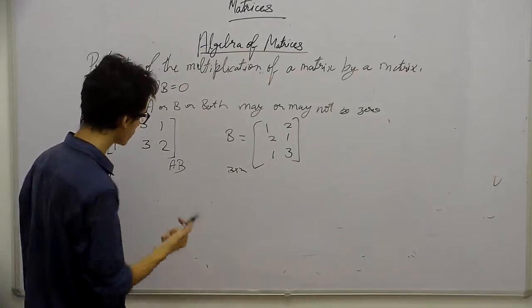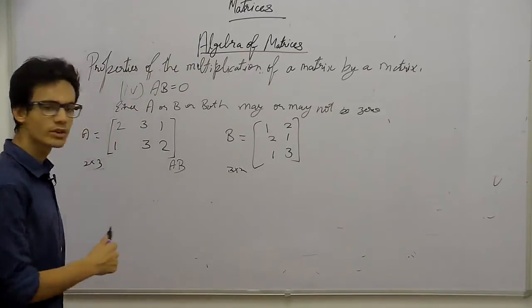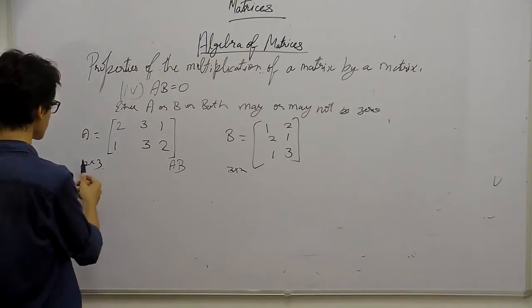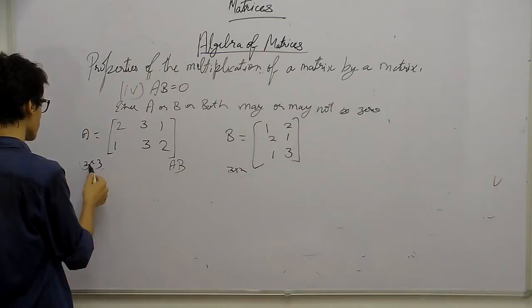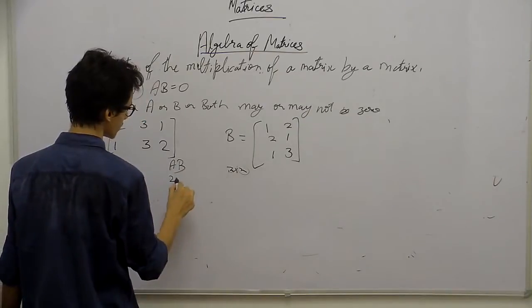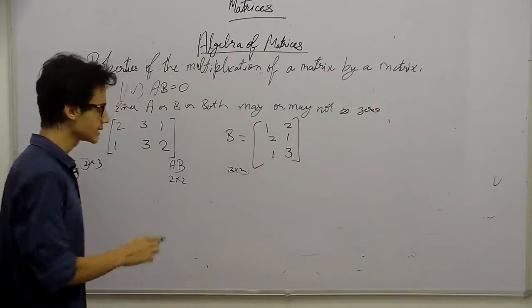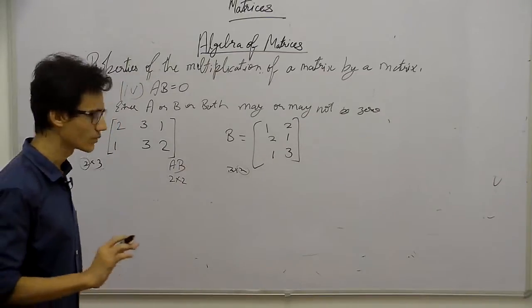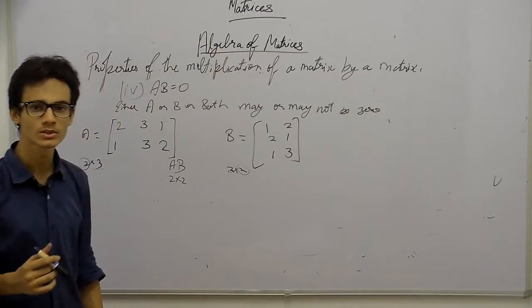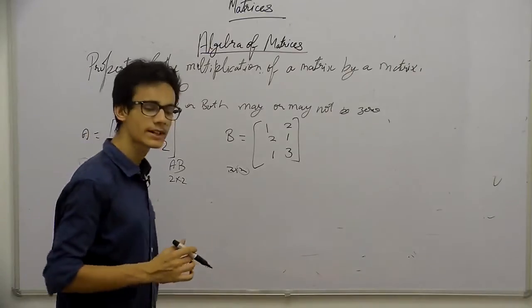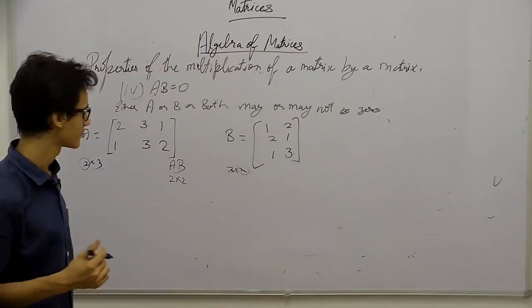So yes, we can find AB. And what will be the order of AB? It is the number of rows of A by the number of columns of B, so the order will be 2 by 2. This is something we can be sure of before even solving the multiplication. We can directly know the order of AB.